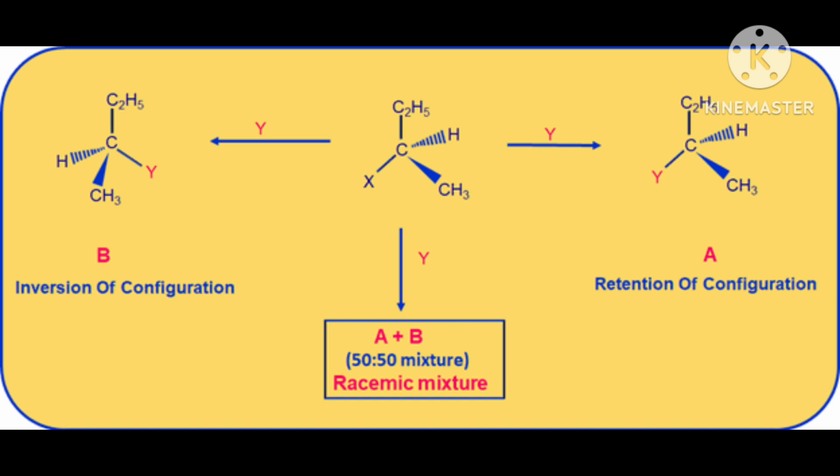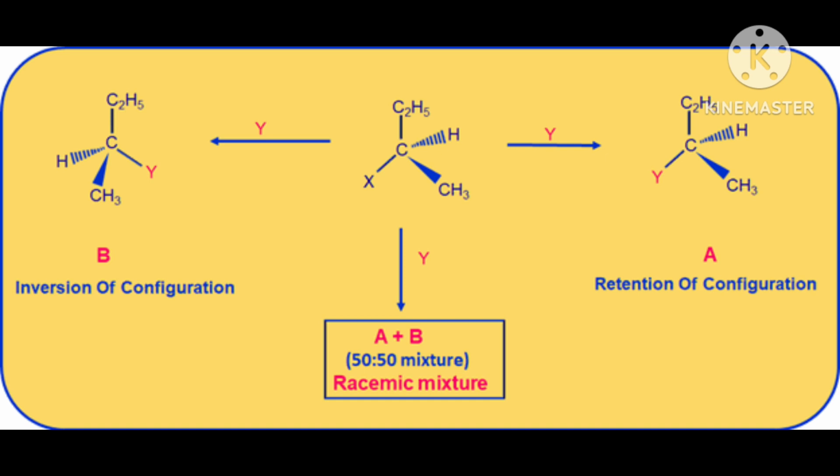Correct? Then this is actually retention because all A, B, C positions are the same and the arrangement is the same. Even the X and C bond is the same, and the Y and C bond is the same; only the X and Y have changed.